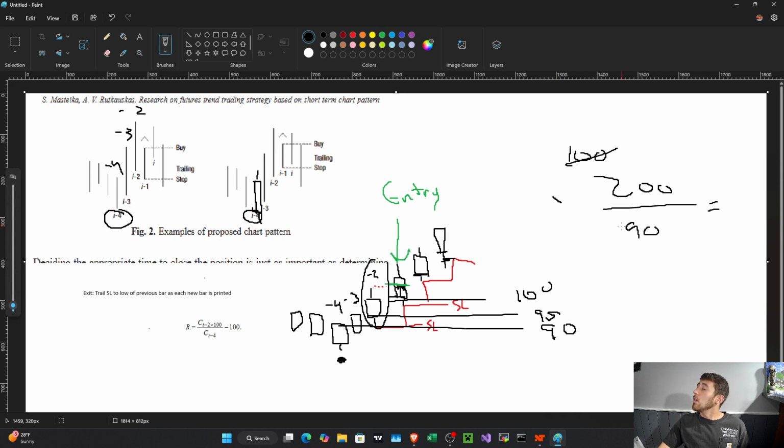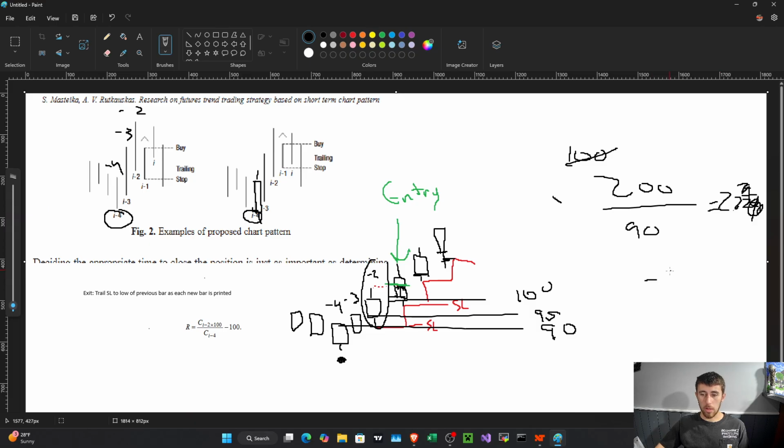So what's that? 200 divided by 90. That's 2.22222, minus 100.